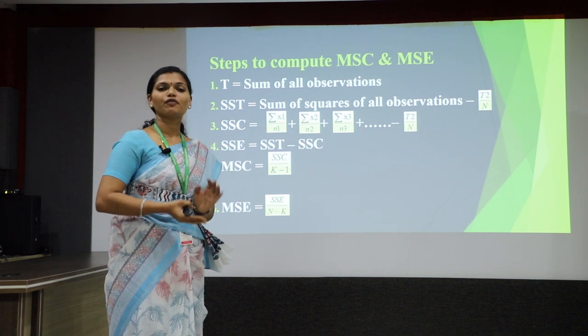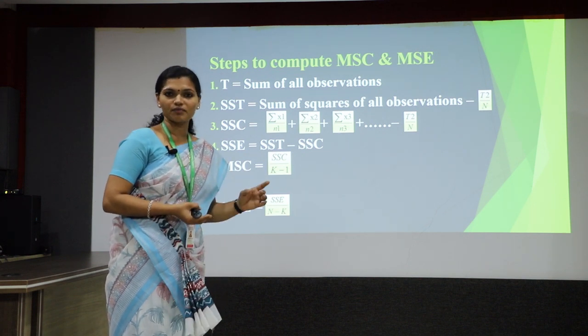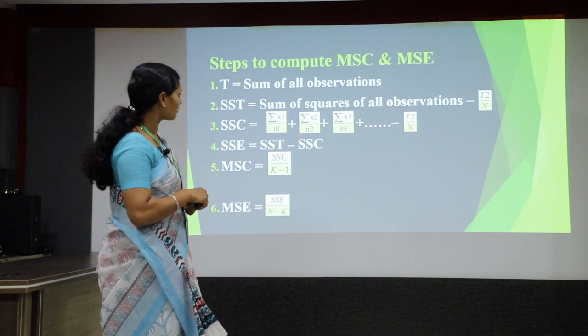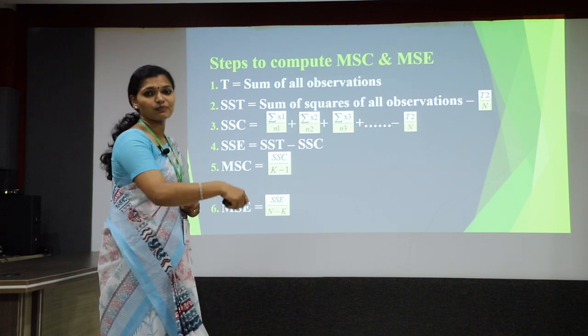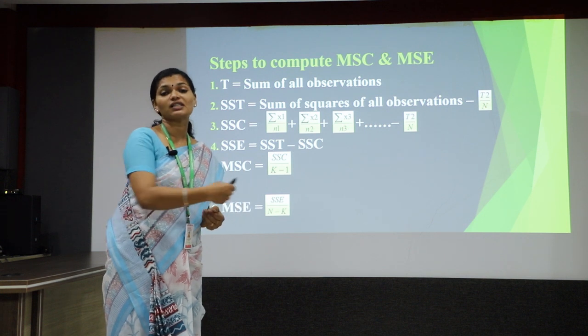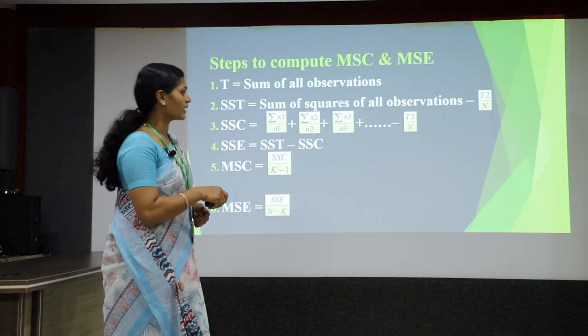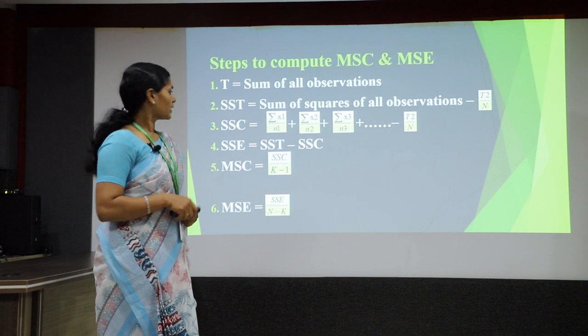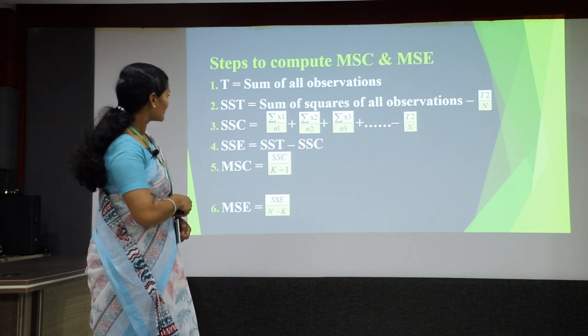So you have to find the total of each of the columns, then square it, and divide by n1, n2, n3 respectively. That is the number of items in the respective columns, and that minus T square by N.